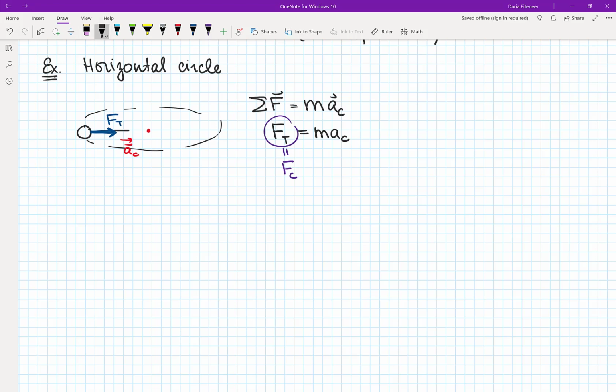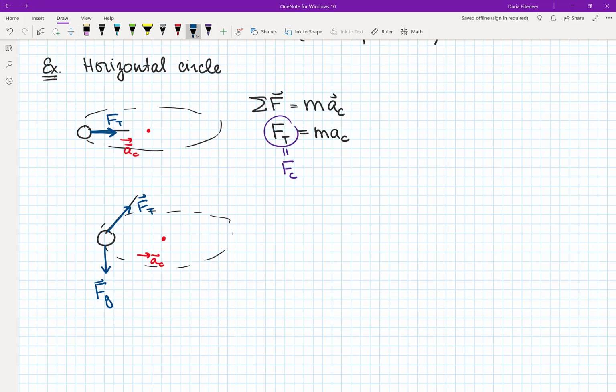Okay. And you can also do the same thing, like if you tie a string to a ball and you make the ball go in a horizontal circle, but the string is kind of at an angle, right? So there is still going to be centripetal force towards the center. And here I am going to draw force of gravity and force of tension like this.